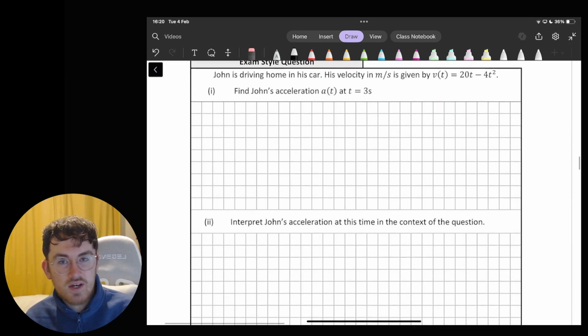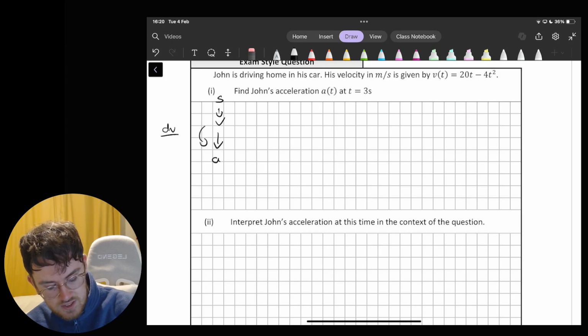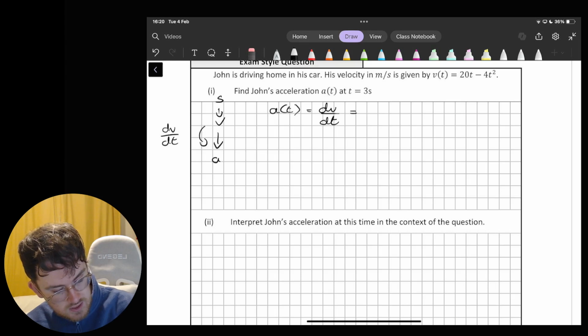Looking at an exam style question for that, similarly we're given the velocity. The first thing is to find acceleration. Bearing in mind that to go from velocity to acceleration is a movement downwards on our little diagram, that's going to mean differentiating. So acceleration is dv dt, which is 20 minus 8t.